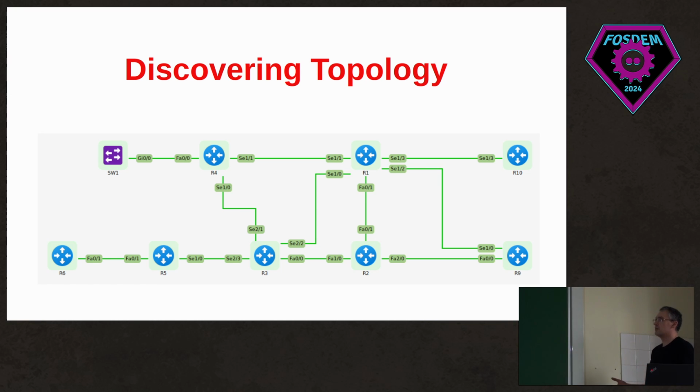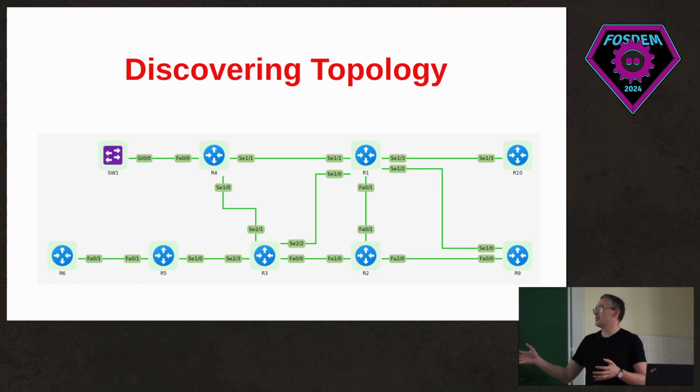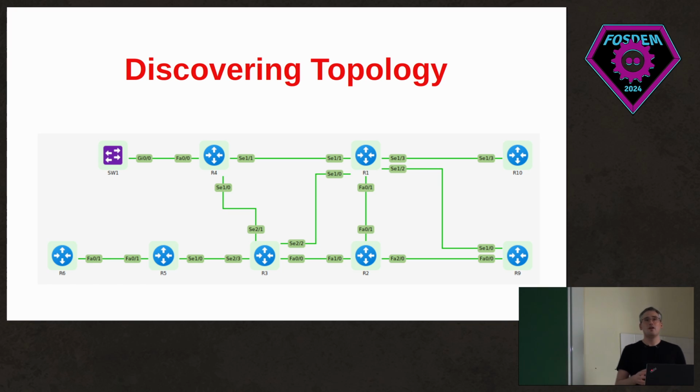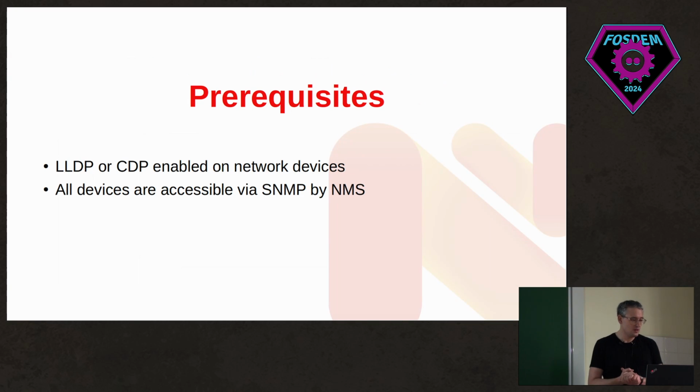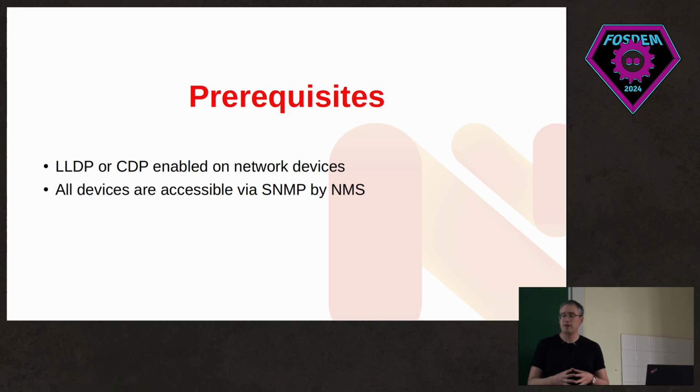And now the second part, to discover the topology. We want to end up with something like this, a nicely automatically built map of our devices, how they are connected together, and on what interfaces they are connected. So what do we do for that? There are certain prerequisites to be able to do topology discovery.